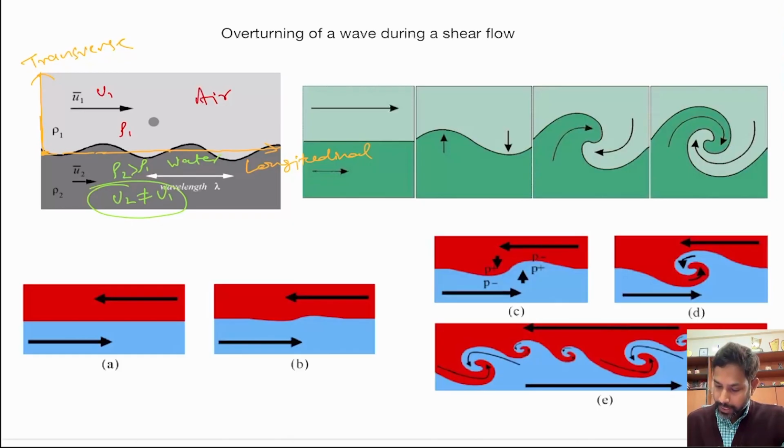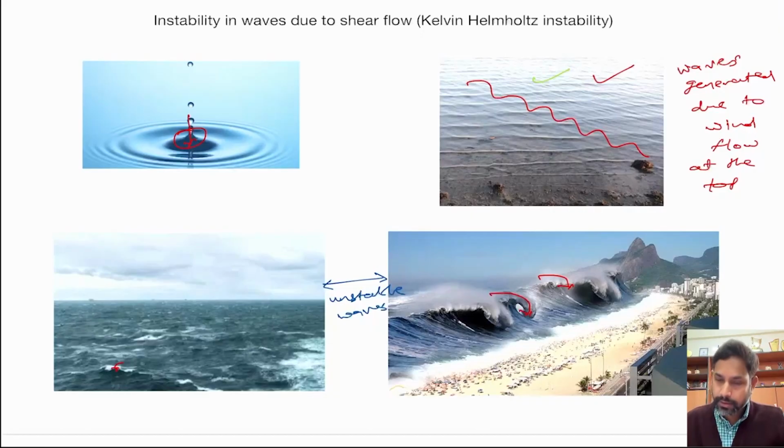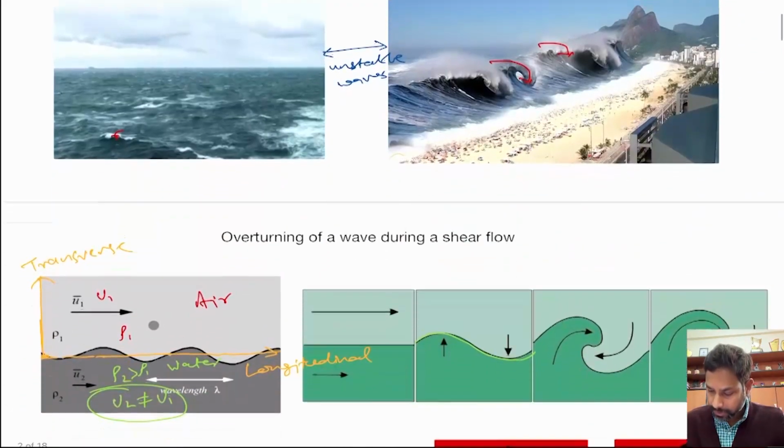What happens in case of shear flow is, as we can also see in the right side image, it actually creates this wave. That is something we also saw with the waves that we studied in the last lecture, right? These waves are getting created because of the shear flow.